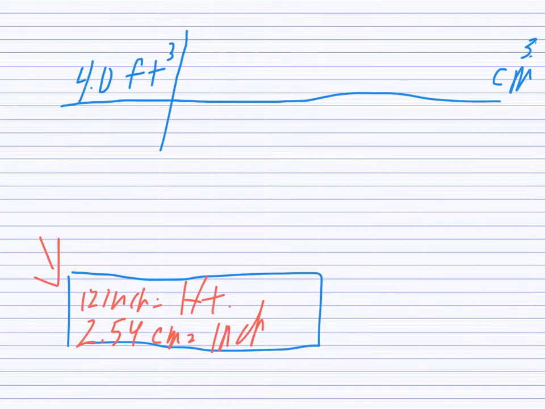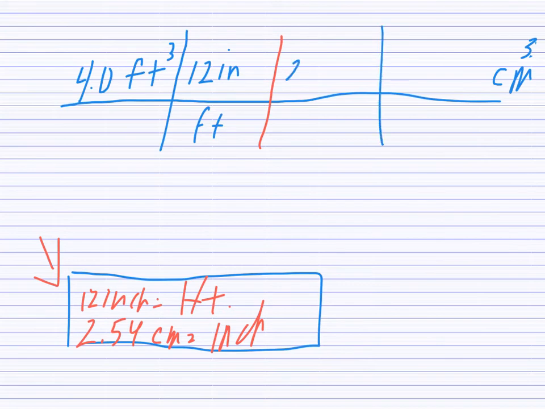Now, the way that I usually handle the cubic terms is I pretend for a second that this is not a cubic, but just regular old feet, one-dimensional. And so if it was just 4 feet, I would, of course, say that there are 12 inches in a foot, and that will take care of the regular feet.